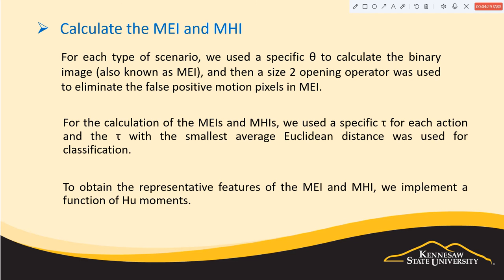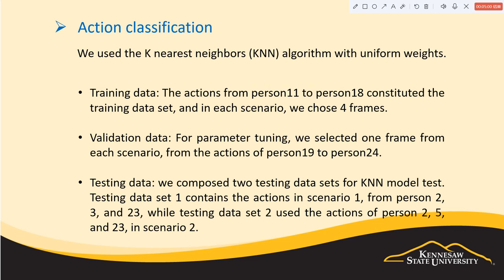And for the calculation of the MEIs and MHIs, a specific tau for each action was used, and the tau was decided by the smallest average Euclidean distance. And in order to obtain the representative features of the MEI and MHI, we implement a function of Hu moments.